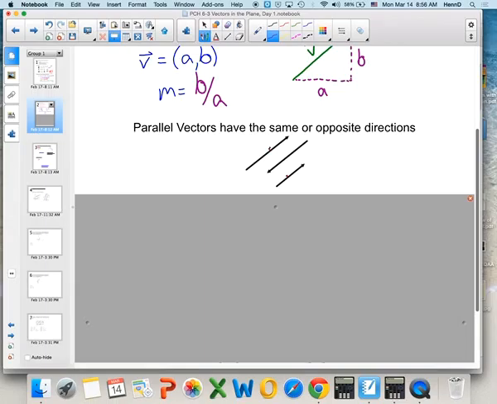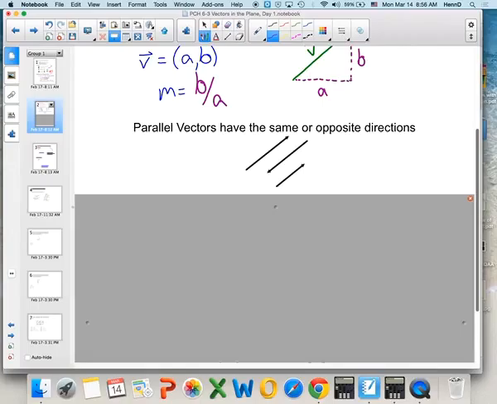In which case, if I were looking at these in terms of angles, what would be true about the angle of this one and the angle of the other one? They're 180 degrees apart. Yeah, they're 180 degrees different. Okay? It's going exactly the opposite direction. So they're still not going to intersect if we were to put them next to each other. They're opposite directions.